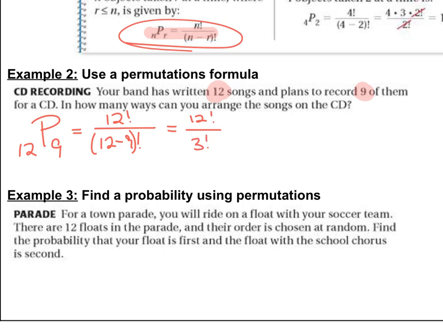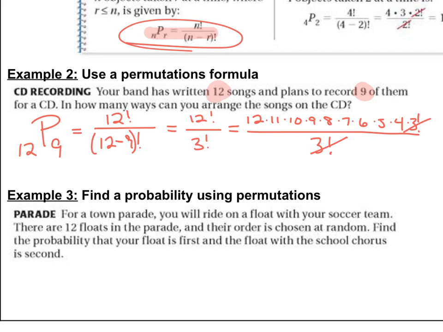Now, I don't know if there's a button on the calculator or not. One thing I like to do is we'll just write out 12, 11, 10, 9, 8, 7, 6, 5, 4, and then I'll stop at 3 and put 3 factorial, because when I do that, I can have this 3 factorial on the bottom, and they can cancel each other out. In a case like this, that doesn't save us a whole lot of work, but it does allow us to take the top part out as far as I can until I get to the bottom one so I can cancel them out.